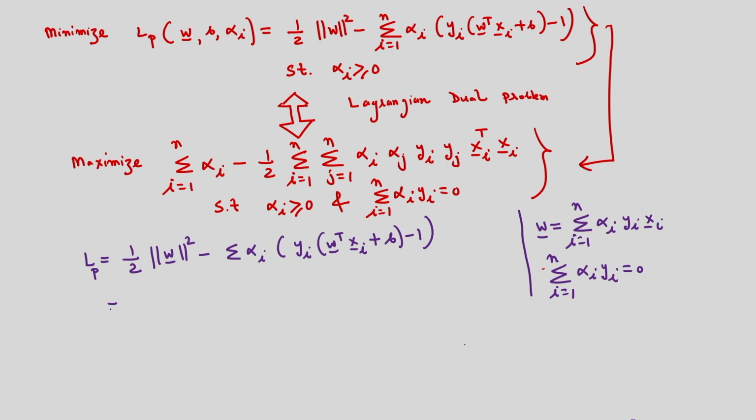So putting the value of this W, I will be getting 1 by 2 summation alpha i y i x i dot, this is a dot product, alpha j y j x j minus summation alpha i y i x i dot alpha j y j x j plus summation alpha i.